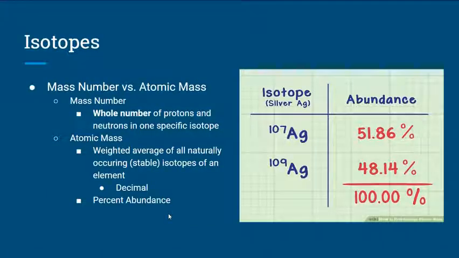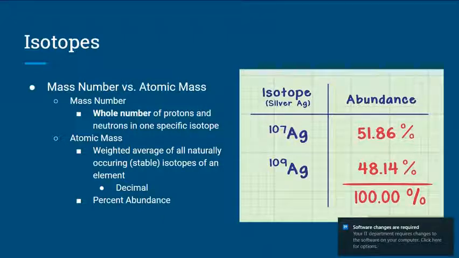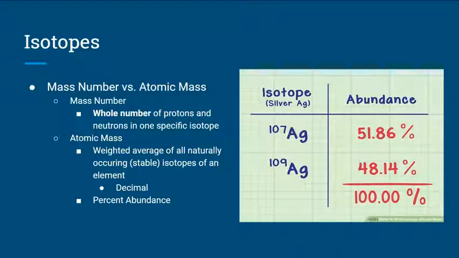All right, so when we talk about isotopes, there's two terms that sometimes get intermixed, mass number versus atomic mass. Both sound like they're referring to the same thing, but the mass number is always a whole number. So there's no decimal values associated with it, and that's the whole number of protons and neutrons to one specific isotope.